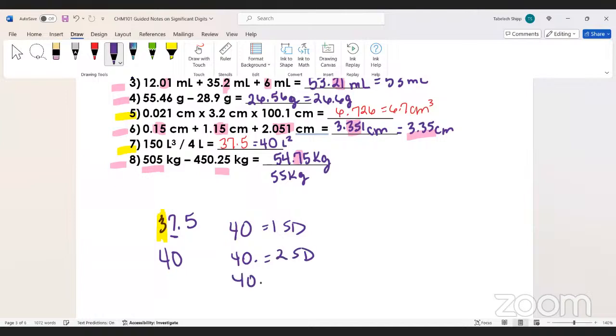If you write 40 with a decimal and a 0 at the end, that's 3 significant digits. So it makes a difference. It really makes a difference.